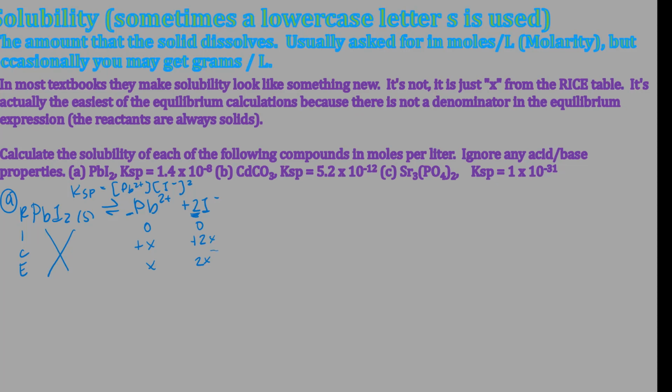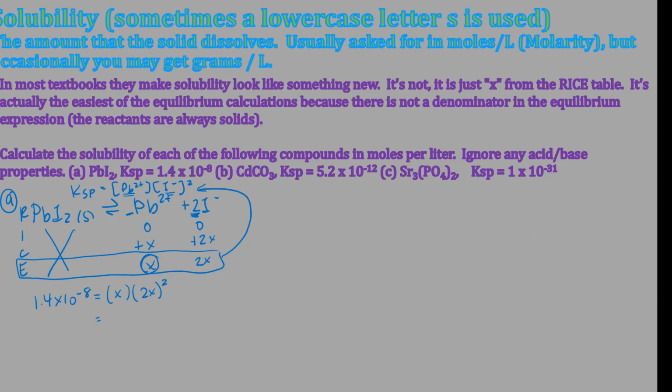And then I'm just going to plug my equilibrium values into my Ksp. So what I'm going to end up getting is that my Ksp, which is 1.4 times 10 to the negative 8, is equal to X, because that's the lead, so it's going right here, times 2X, and we're going to square it.